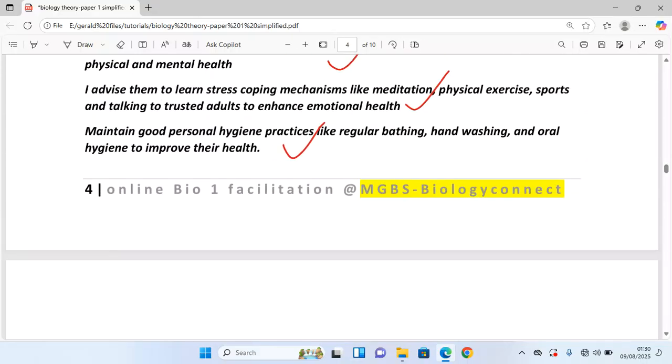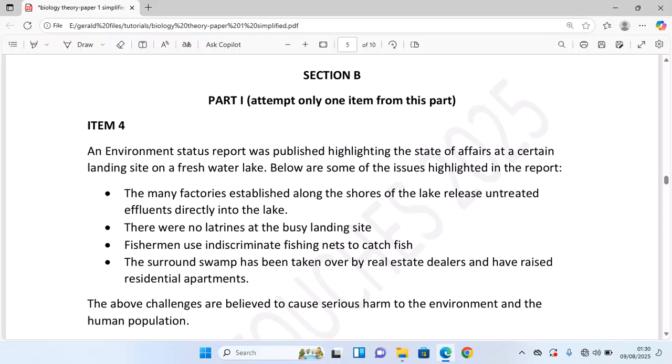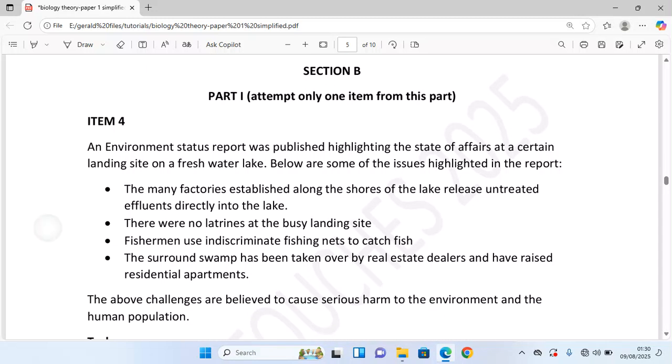Okay, so here we have our section B, and in section B we shall be discussing the structure of these items and how to deal with them, both section B part 1 and section B part 2.